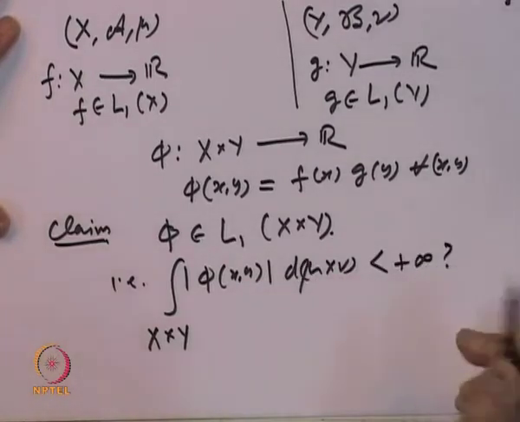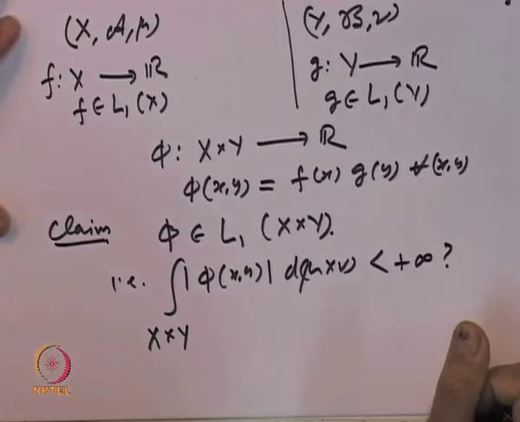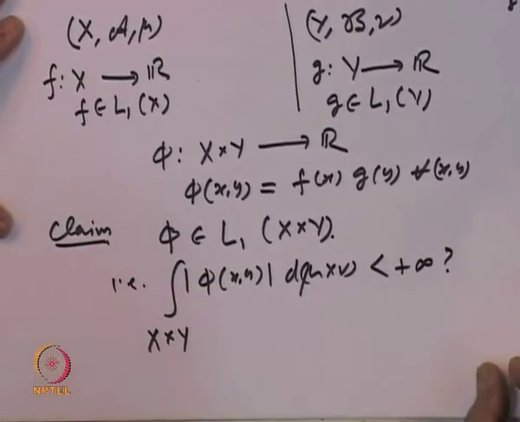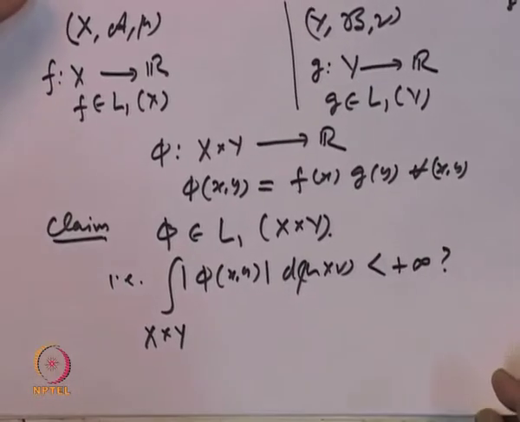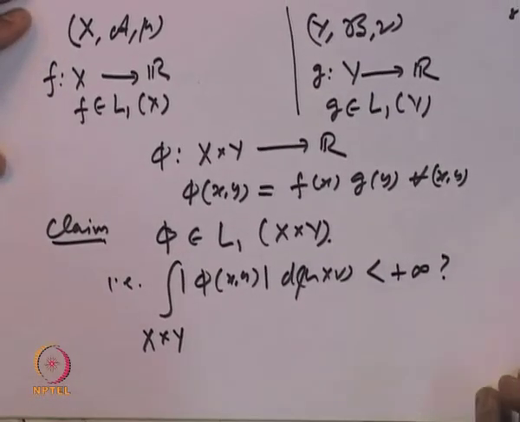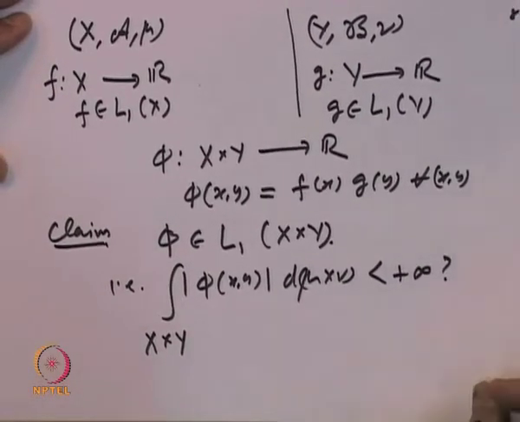So, this is what we want to show. To show this, it is enough to show, because of Fubini's theorem 1 or earlier, that this is what we want to show.